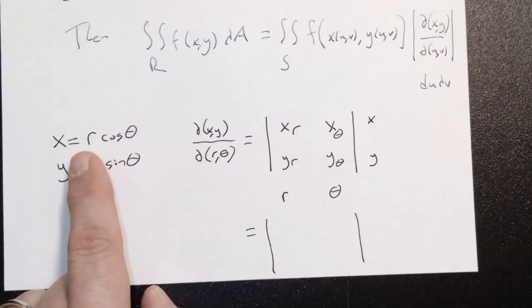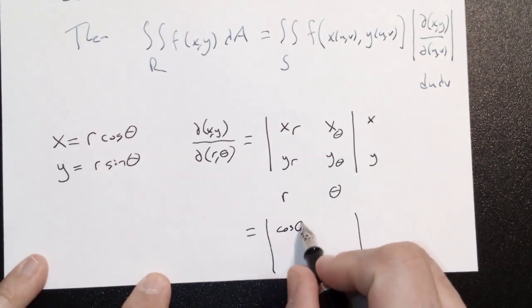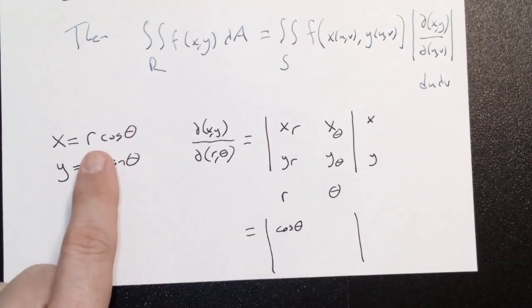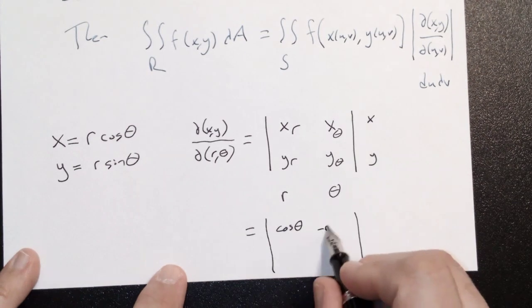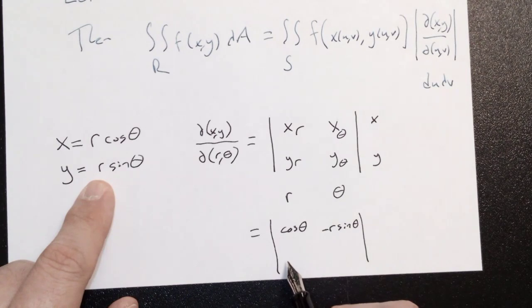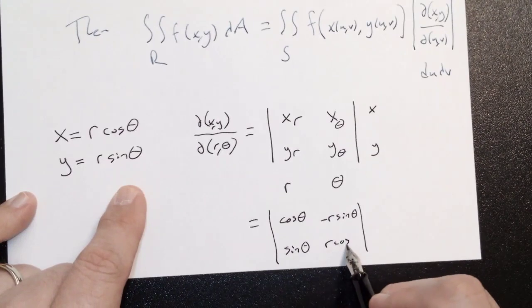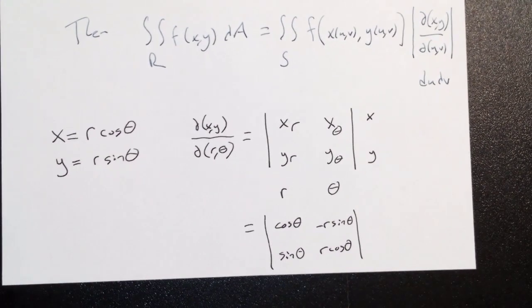There's your equation. It's the derivative with respect to r. What's your derivative with respect to theta? Now look at y. y with respect to r. y with respect to theta. Now do the determinant, ad minus bc.